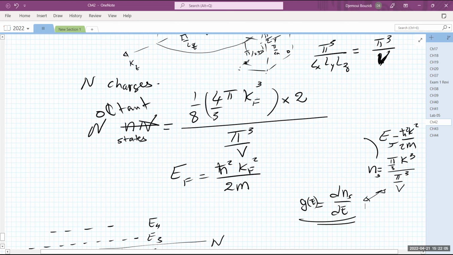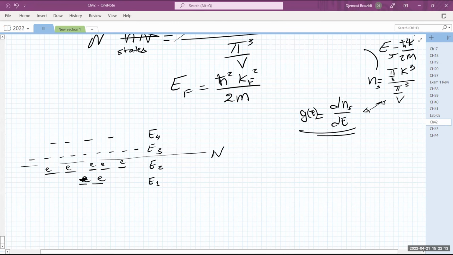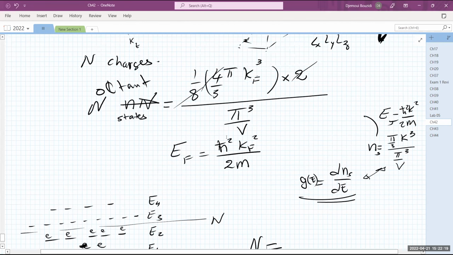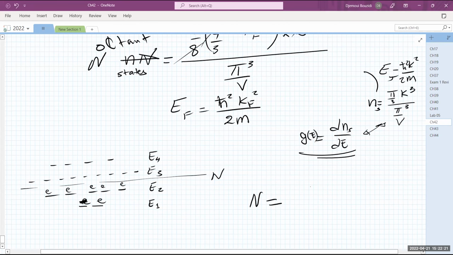The 2 and the 4 and the 8 will cancel, so I can find the n charges. Now I'm dealing with the Fermi energy level. At that point, it's going to be pi over 3 times kF cubed. Don't forget that you have V over pi cubed from the denominator, which cancels this pi.